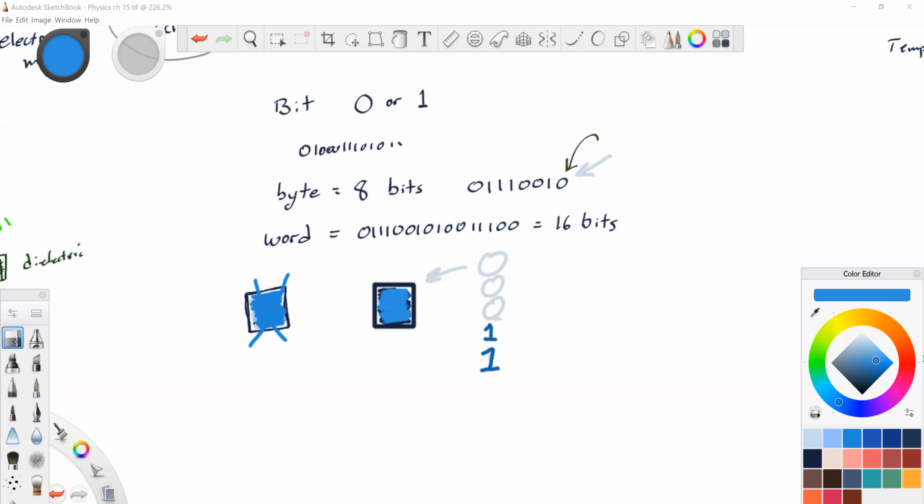Okay. 0, 0, 1, 1, 1. That represents an even brighter echo on the screen. And you can see where this is going.